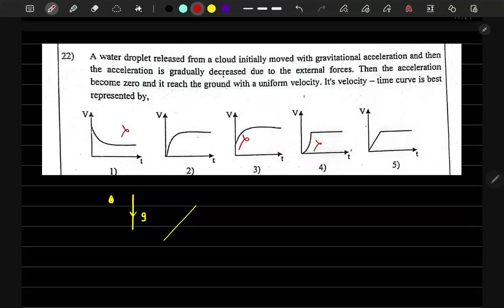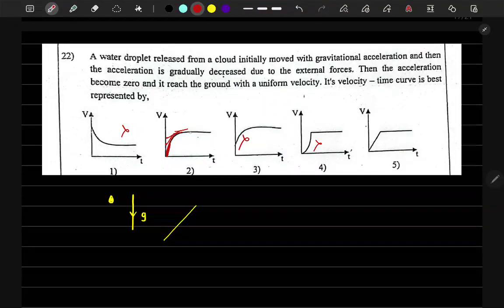Then the acceleration, as they say, is gradually decreasing. If it is gradually decreasing, I can consider this part here as a linear part, and gradually decreasing can be shown here because the slope is decreasing here, because the gradient is decreasing here. So this is shown in this answer, and they have said that the acceleration gradually decreases and comes to 0.